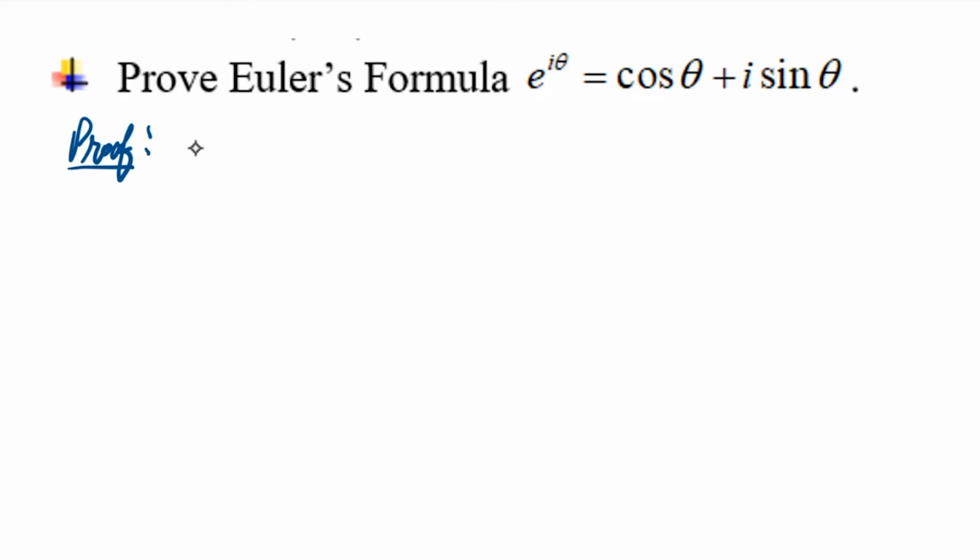Okay, proof. e to the ix. What's e to the x? Maclaurin series, Taylor series: 1 plus x plus x squared over 2 factorial plus x cubed over 3 factorial plus so on, right?